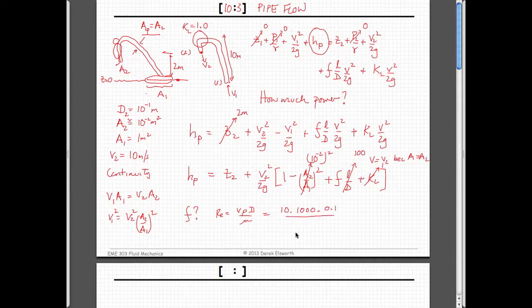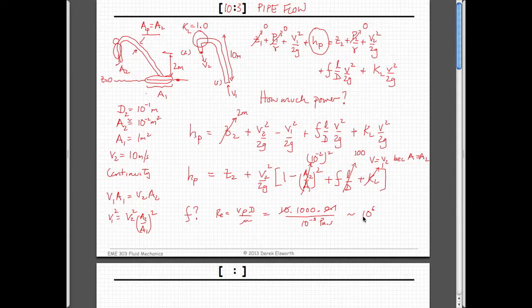And viscosity is 10 to the minus 3 Pascal seconds. 10 to the minus 3 or 10 to the 3? Minus 3, right? So 10 and 0.1 cancel out. So it's approximately 10 to the 6. Great. So it's a magnitude of 10 to the 6.